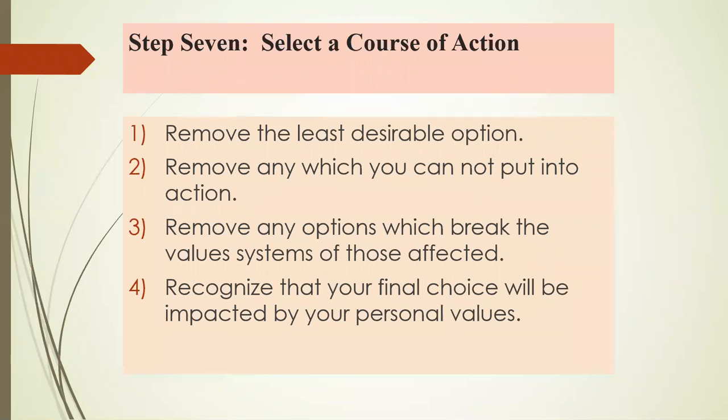So when you are thinking at this point of time also, there may be a possibility that you may get 5, 4, 3, more than one, I mean to say, options. So you can write down all the options and at this stage remove the least desirable option.